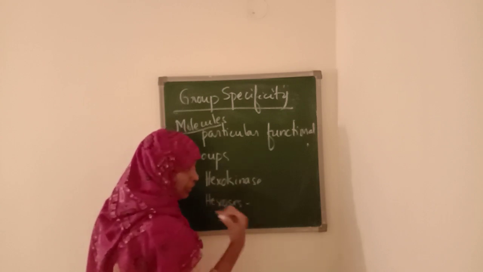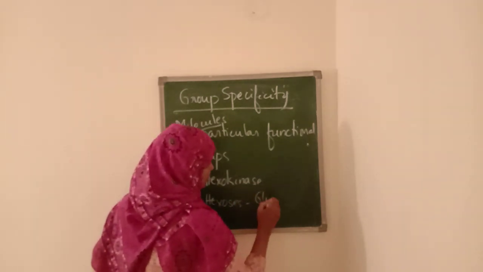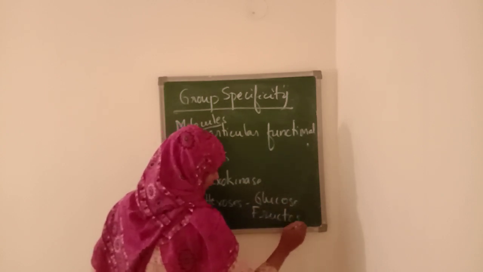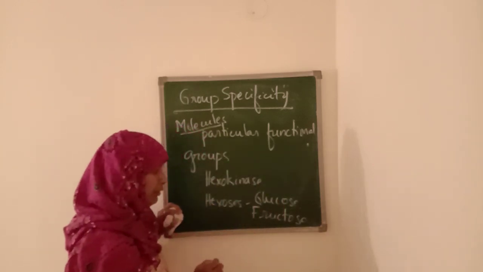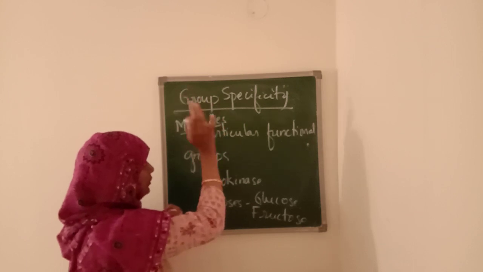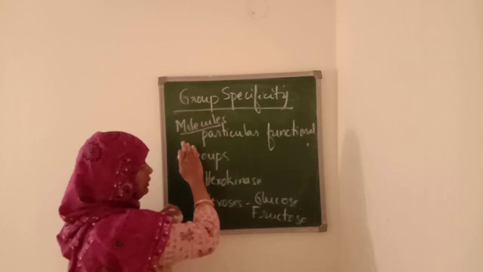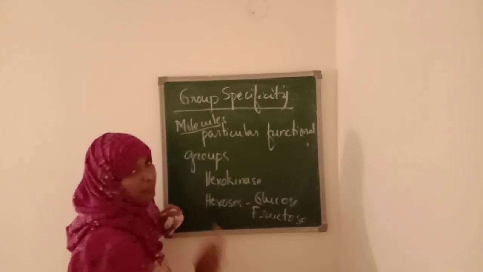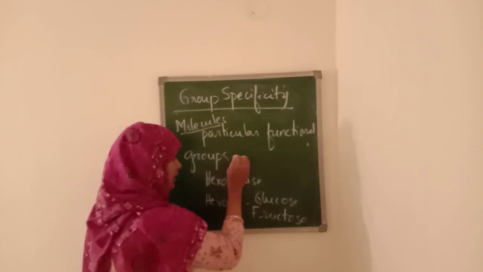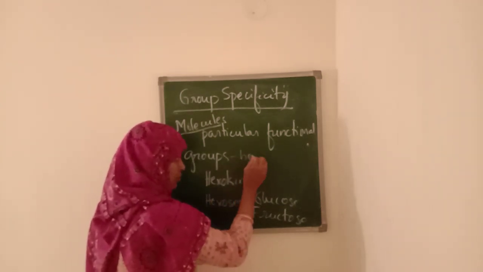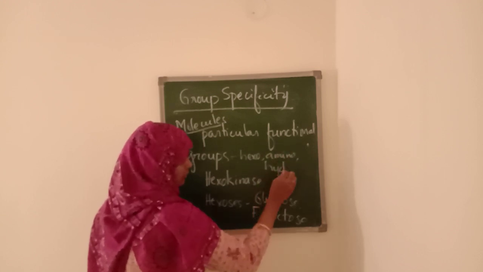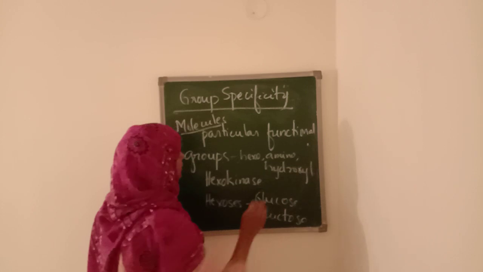Can you name some hexose sugars? Yes, glucose, fructose, like that. It can bind to glucose, it can bind to fructose. So these enzymes will bind to molecules having a particular functional group, for example some hexose group or amino group or hydroxyl group.